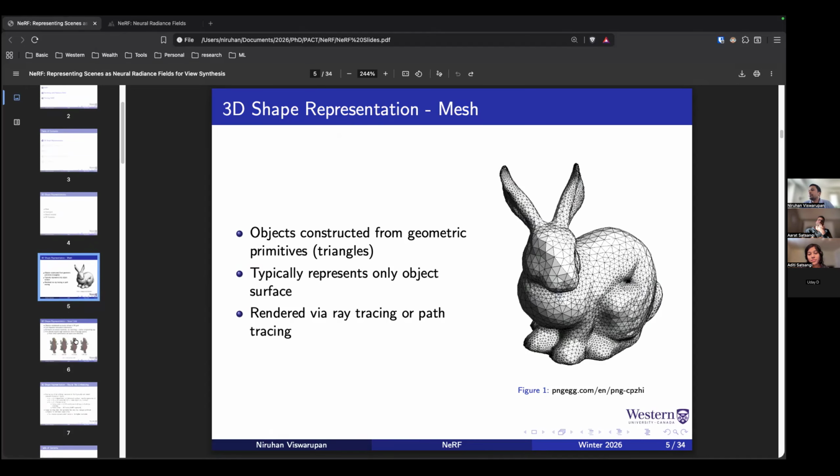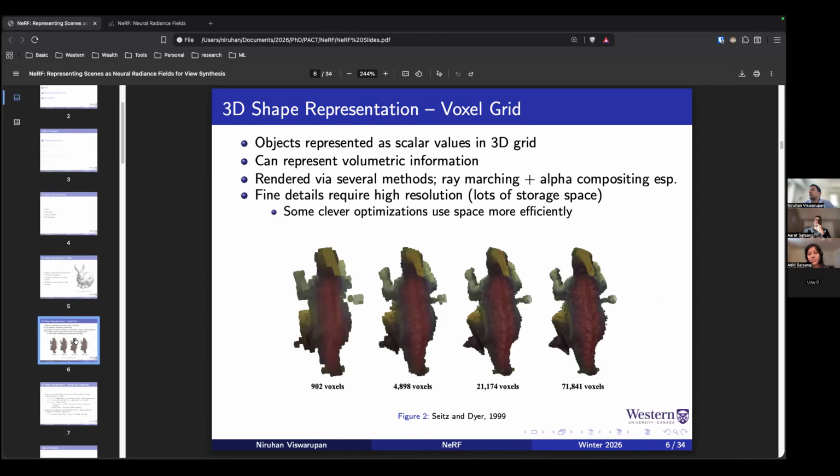Then the next is voxel grid. You know pixels. In an image, let's say if the image is 1024 by 768, then you have that many pixels, which are like dots in a 2D grid, which represents RGB values. You can take the similar idea to another dimension by adding a 3D dimension.